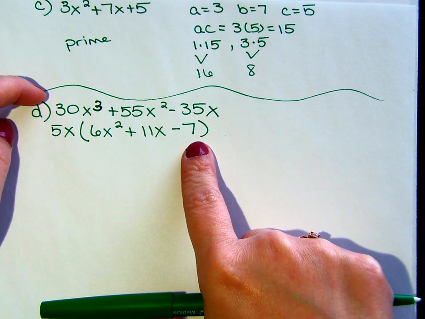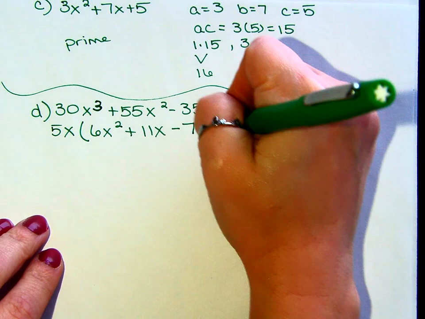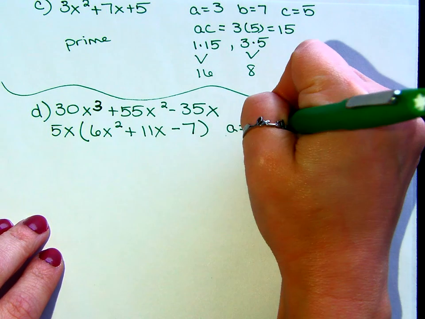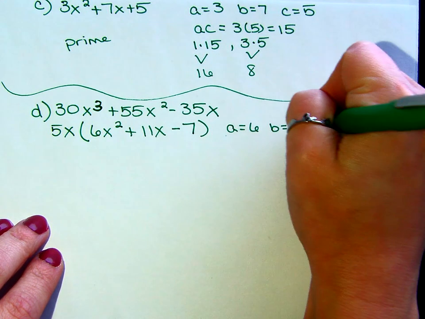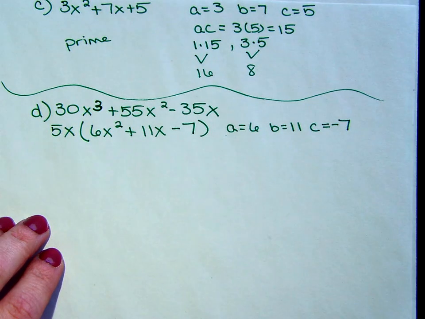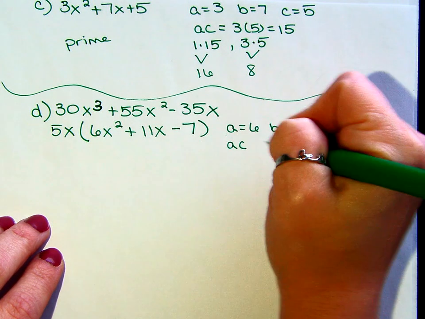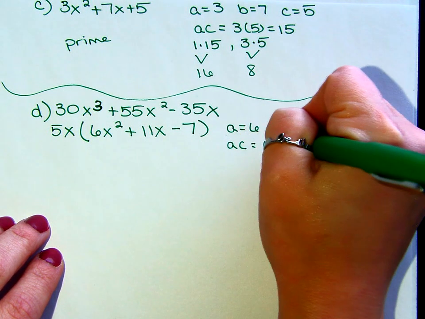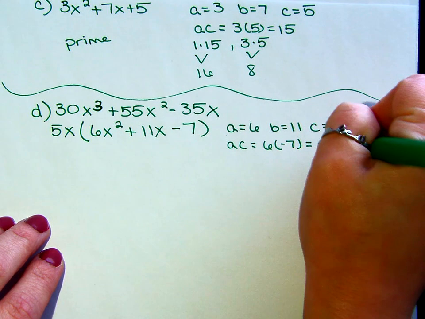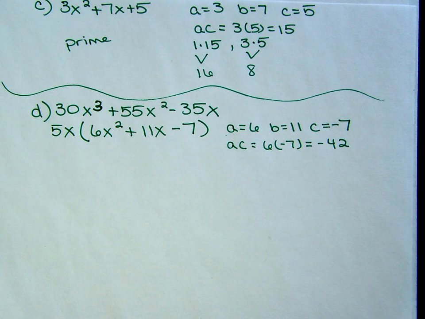So my A in this case is 6, my B is 11, and my C is negative 7. I'm taking A times C, which would be 6 times negative 7, giving me a negative 42. So I need factors of 42. So I've got 1 and 42.